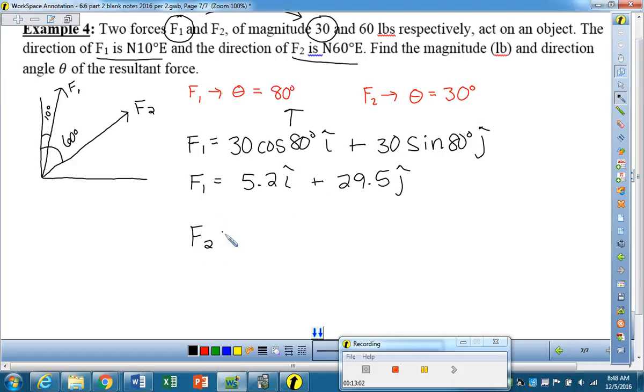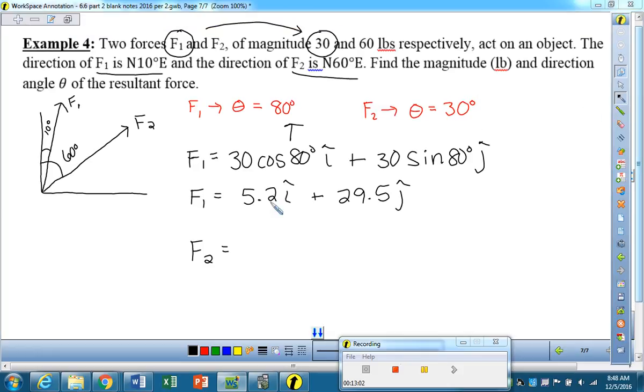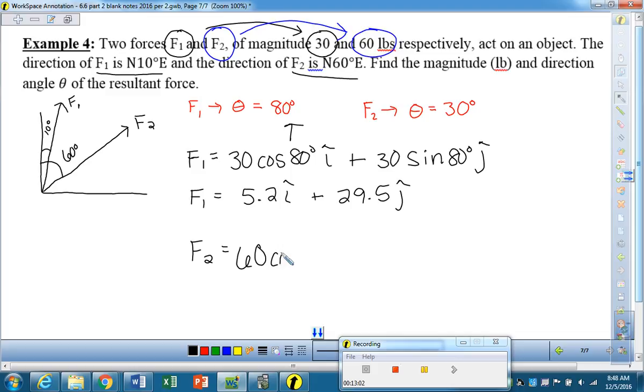All right, now we're going to do the same thing for force 2. So we have a different angle. This time our angle will be 30 degrees. We also have a different magnitude. So the magnitude acting on force 2 is 60 pounds. 30 degrees is on the unit circle, so you could use that method, or we can type these into our calculator.